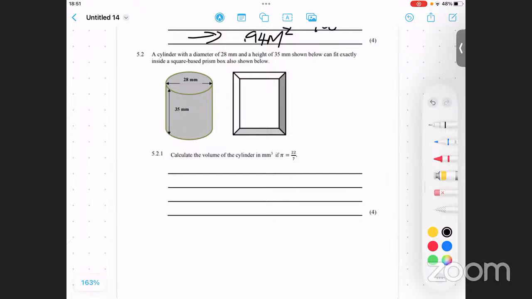And what is the formula to calculate the volume of a cylinder? Guys, what formula do we use to calculate the volume of a cylinder?